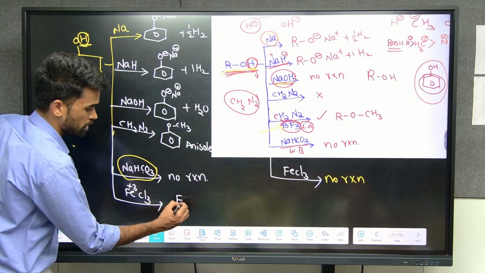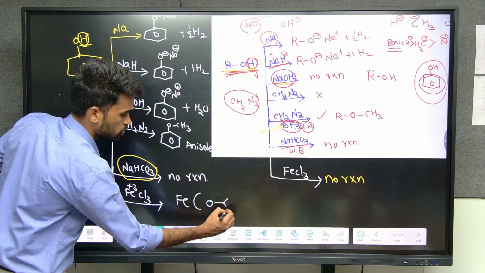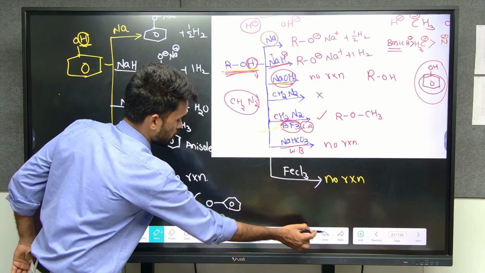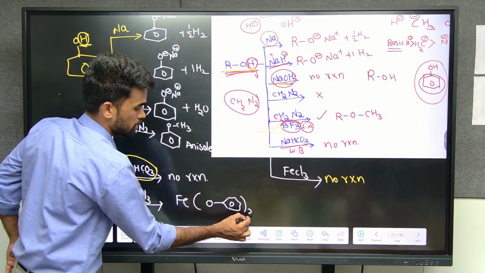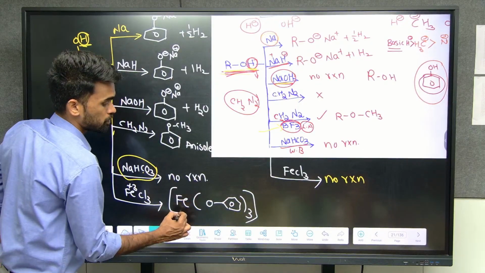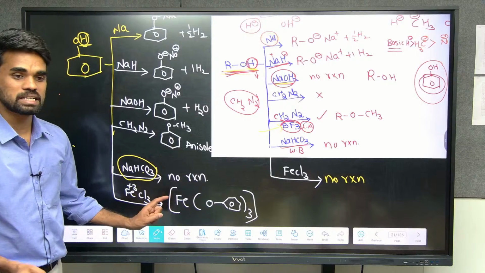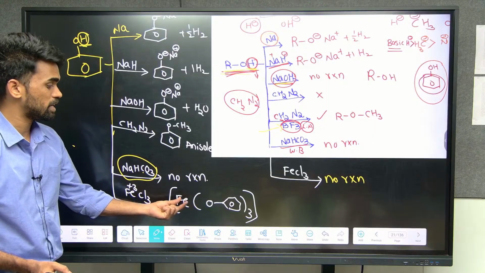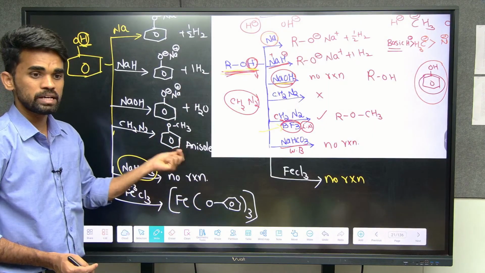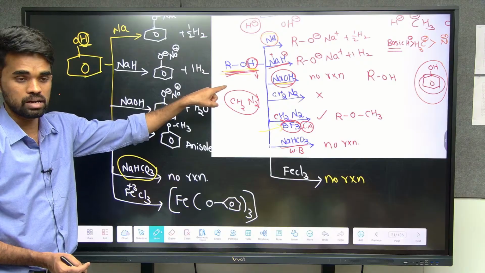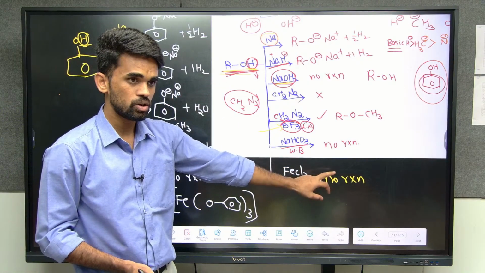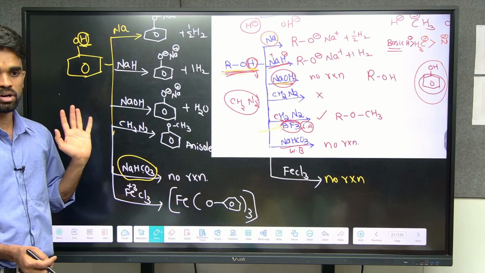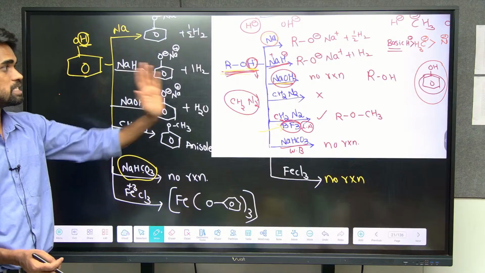It means Fe with OPh, each with 1 minus charge, so 3 are required. So this kind of complex is formed. This is a reddish violet color complex. By looking at this iron complex, we can say the given compound is phenol, not an alcohol, because alcohol will not show any reaction, but phenol is showing a reaction. So with this reaction also we can identify. Is this clear? Okay, this difference table you need to make.